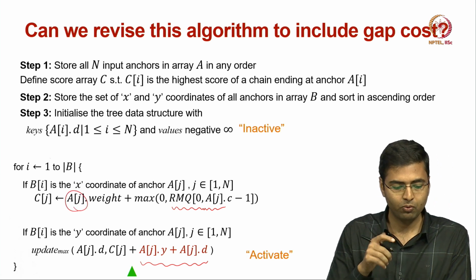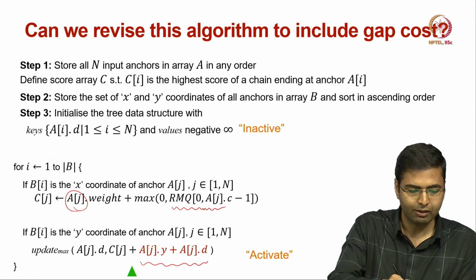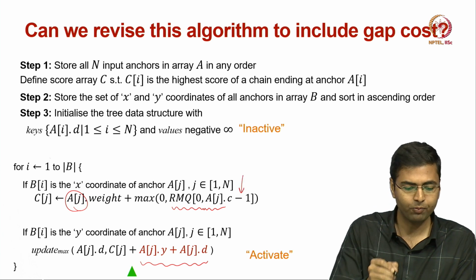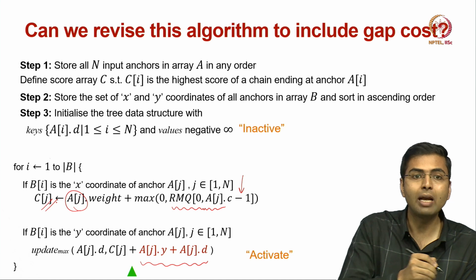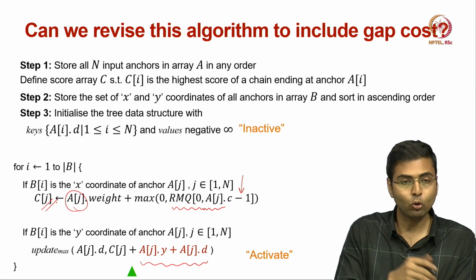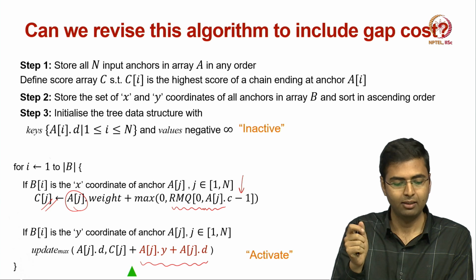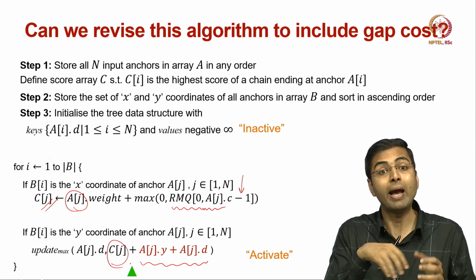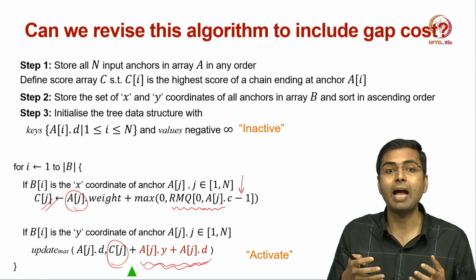Now, we have to be slightly careful here. Although we will fetch the correct preceding anchor based on the gap cost, we have to set the score value properly, because the score value is basically Aj.weight plus Cj minus the gap cost, whereas in the priority we are not including the gap cost.